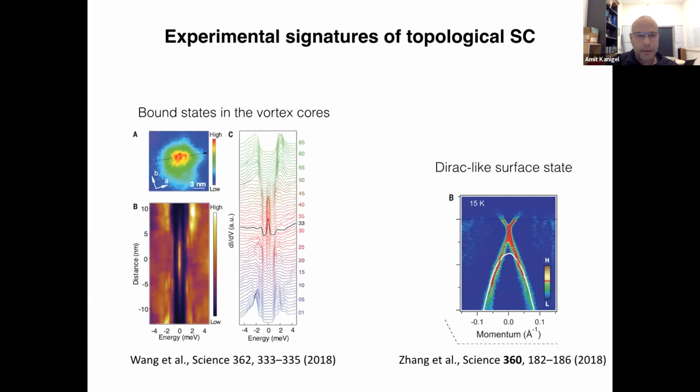And soon later, they used an STM to show something that looks really like a zero bound state in the core of the vortices in this material. And it's very, very hard to, let's say, explain these features in any other way except topological superconductivity.